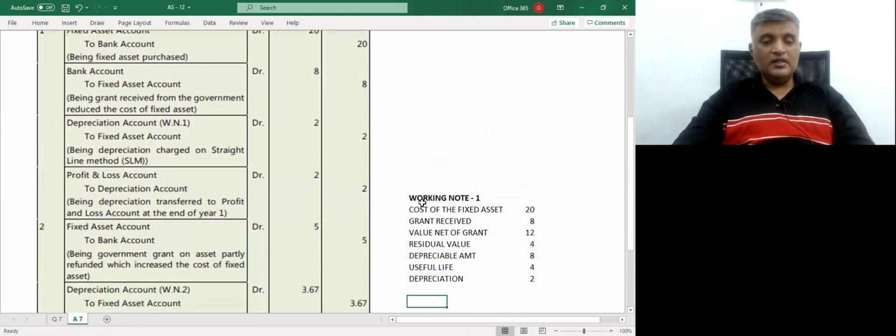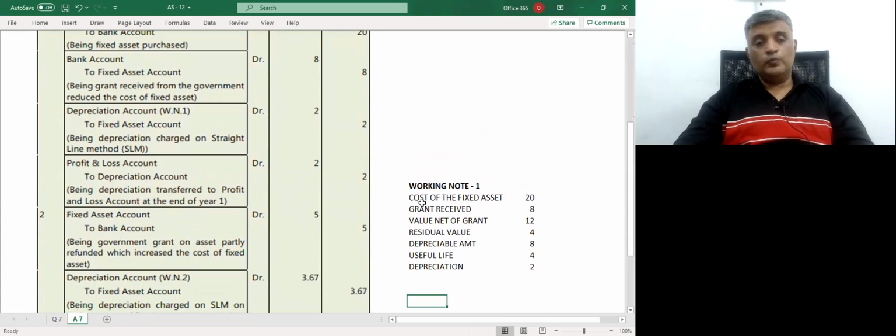Now, what is the depreciation charge for year 2? This is important. We all know that the depreciation charge for year 1 is 2 lakhs. But what is the depreciation charge for year 2? This is important because now we have a special scenario in year 2, the grant is getting refunded.